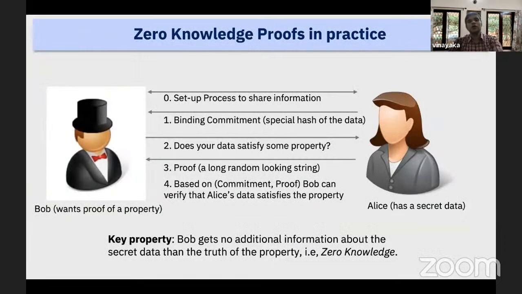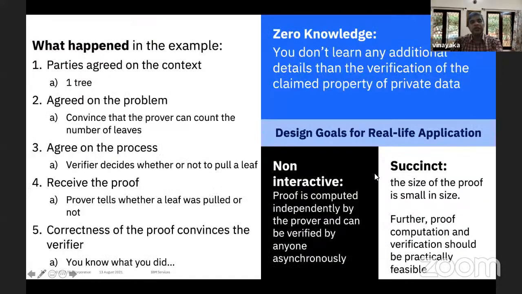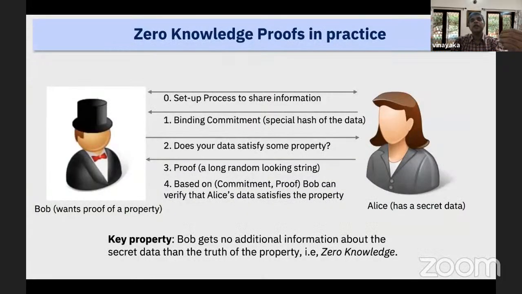So in practice, how does zero knowledge proof work, right? So initially, obviously, because it was an interactive protocol, we agreed on a particular process, okay? In the non-interactive setting, what will happen is they agree on some kind of setup information, okay? So they will talk upfront and establish a setup, okay?